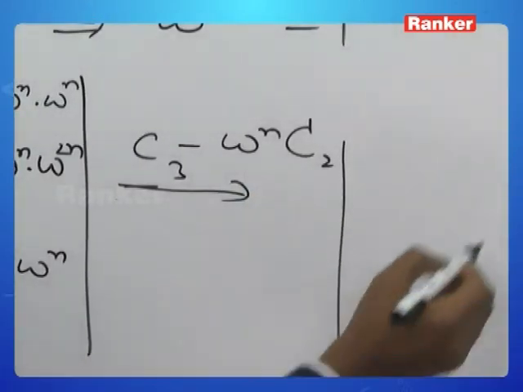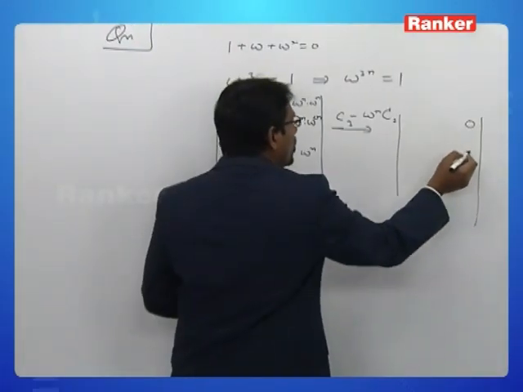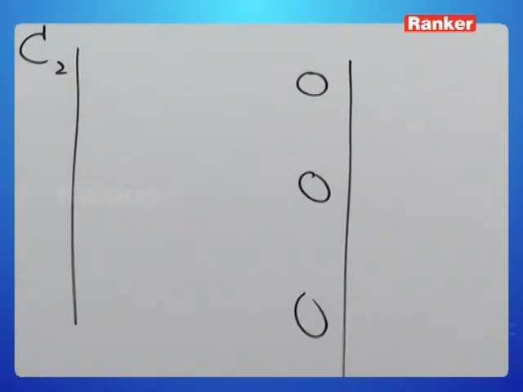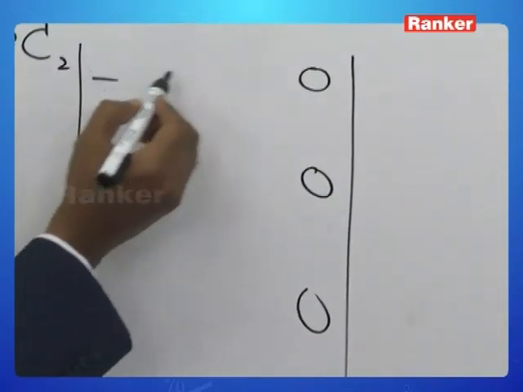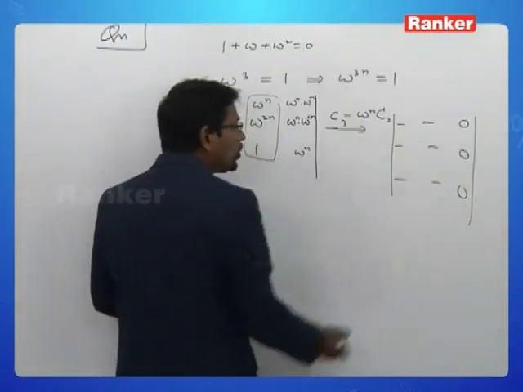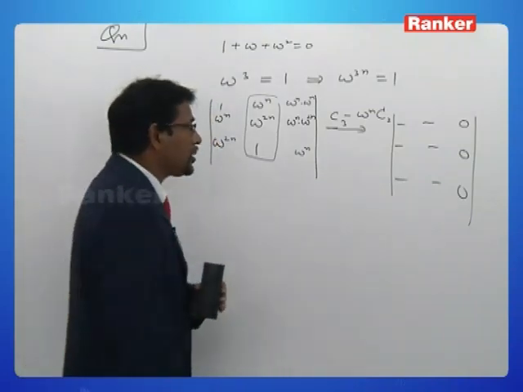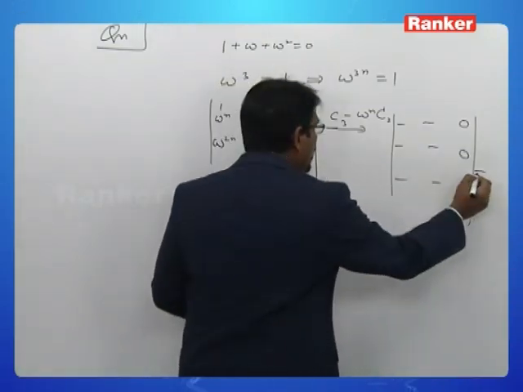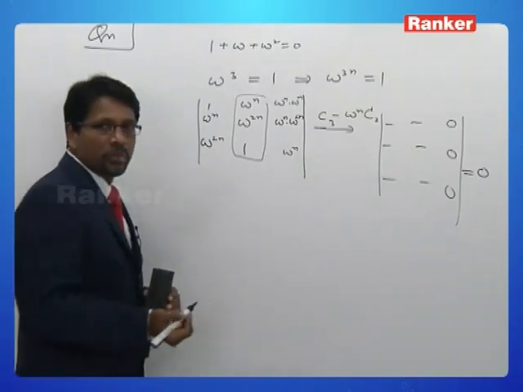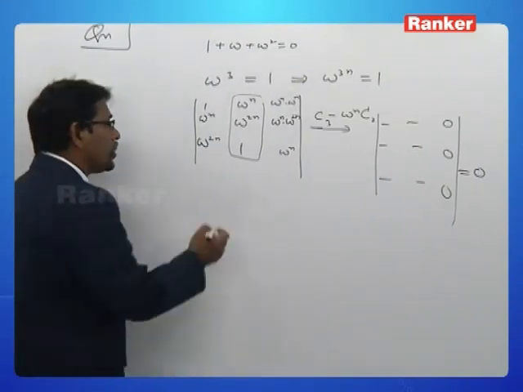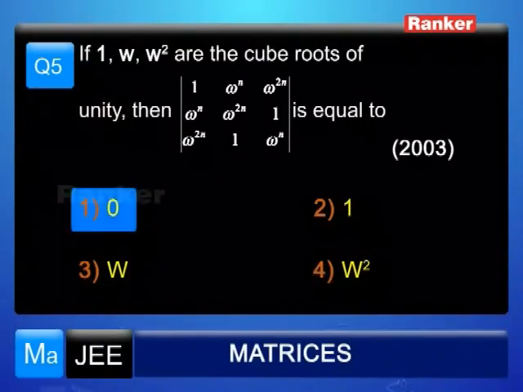That will make the entire third column 0. Now if one column is 0, no matter what the entries of the other columns are, the determinant will have to be 0. Therefore this determinant is 0, and hence the answer is 1.